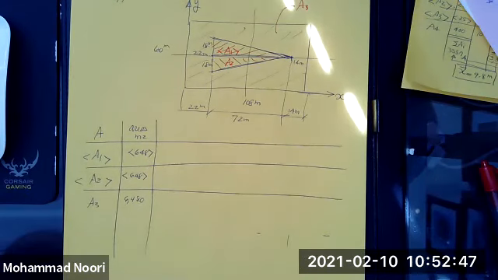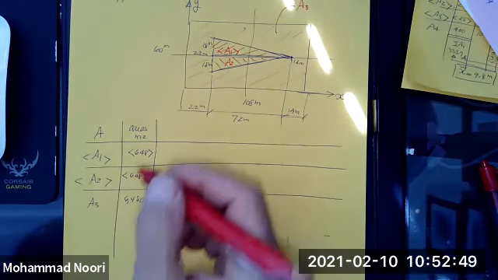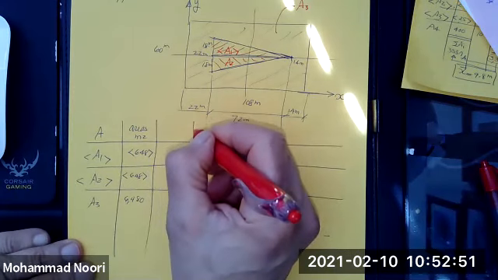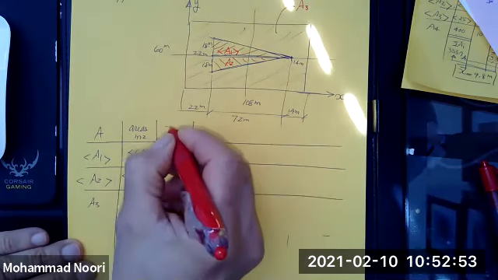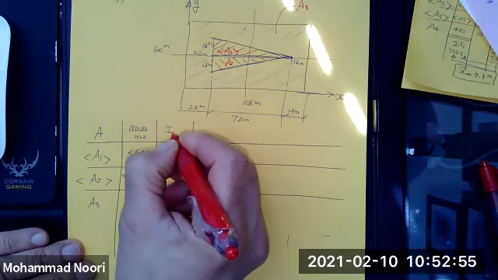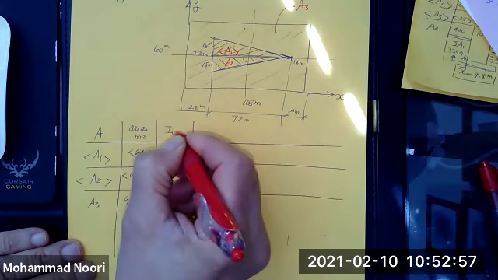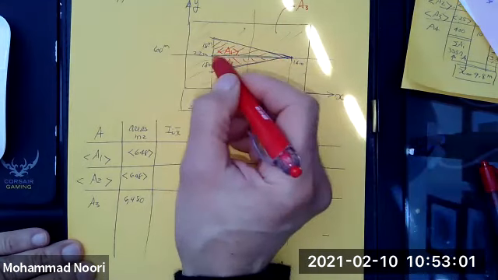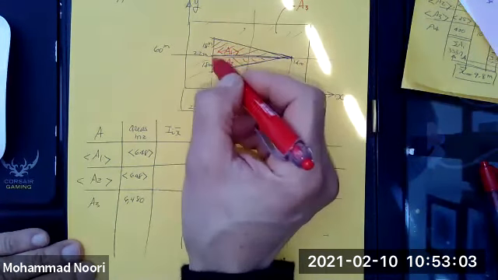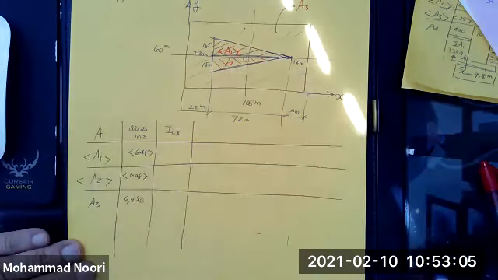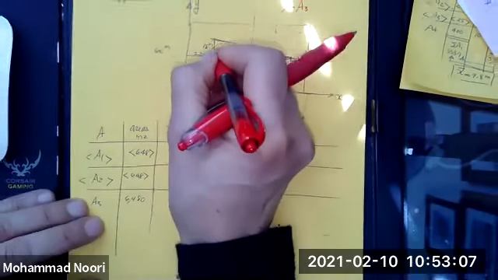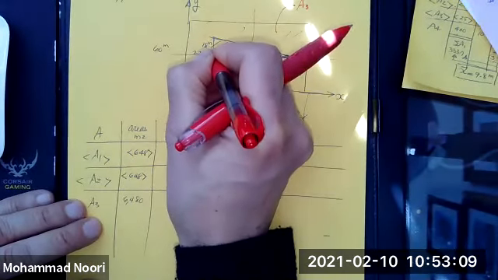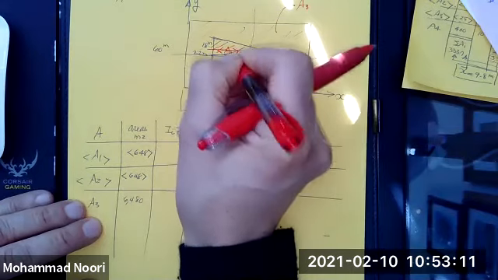Now you go directly and find the moment of inertia of this shape about its own centroidal axis. So what is the moment of inertia of this shape about its centroidal axis? The central axis, again, is 1/3 from here and 1/3 from here.